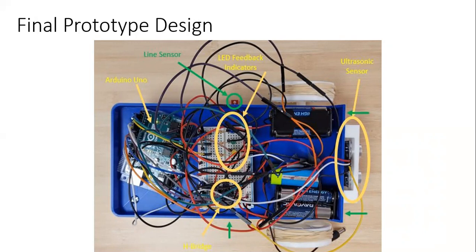There's 2 in the front and then 2 on each side, and you can see those with the green arrows. We also have an ultrasonic sensor on the front that senses distance, and we have some LEDs on the middle of our robot, which through a pattern indicates the distance, so it does an output of that distance.